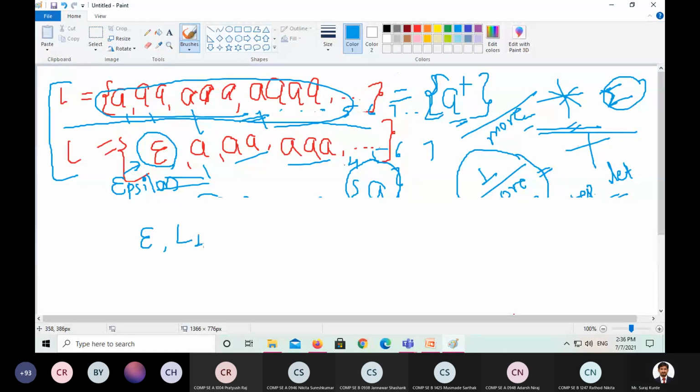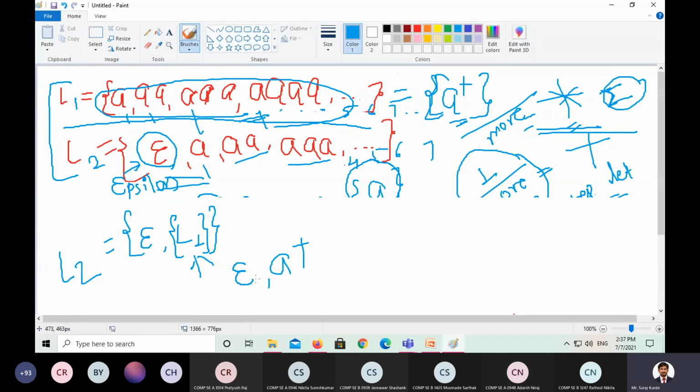Let me write it as L1 and L2. So epsilon comma L1. Let me write it in the bracket. So L2 is equal to epsilon comma L1. And for L1, what is the representation? A plus. But along with that, what we have? Epsilon. So it is also part of L2. I have just named it language L2.